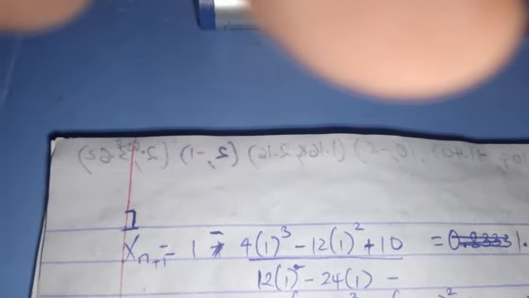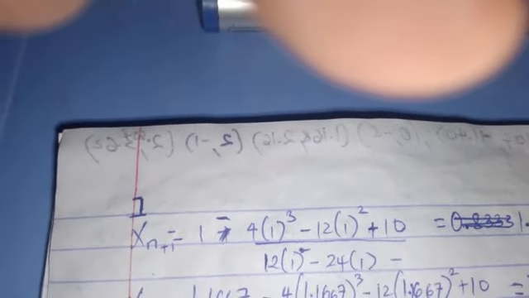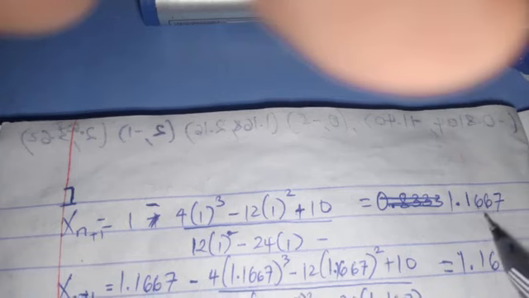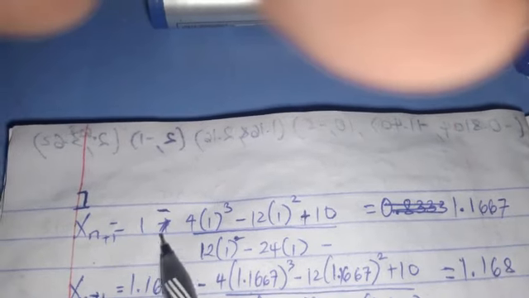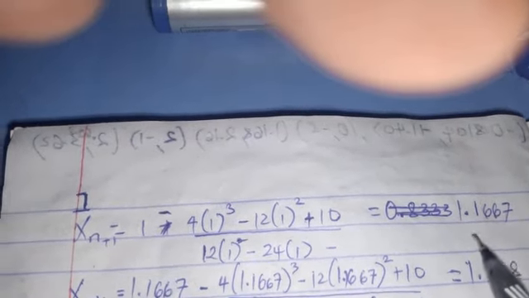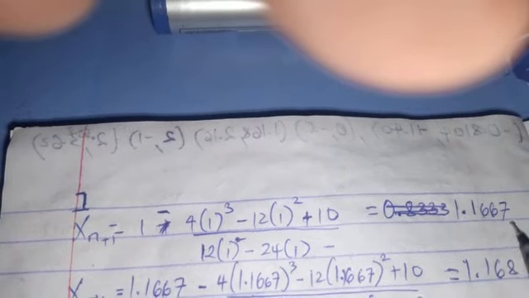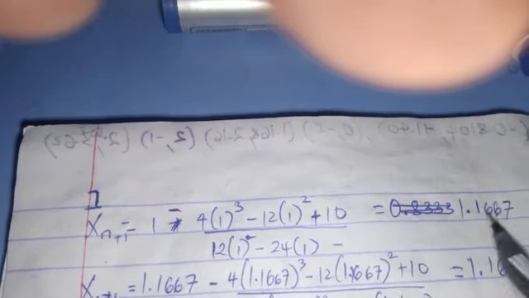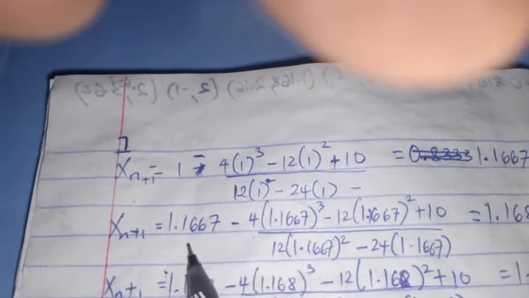So we shall proceed to the next guess, that was 1. When you compute 1 in the function of the Newton's method, the first output, when you have 1 here, you get the output to be 1.1667. So this is going to be the current guess for the next input.